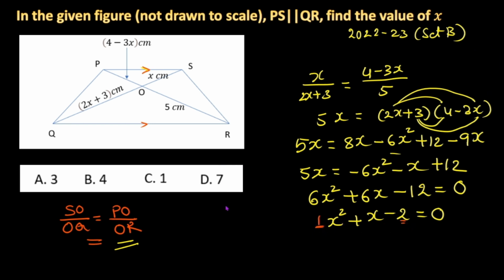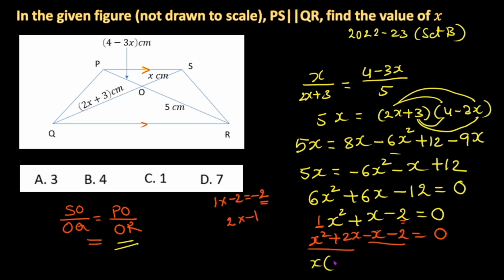Multiplying 1 into minus 2 gives minus 2, and the factors 2 and minus 1 add to plus 1. So we split the middle term: X square plus 2X minus X minus 2 equals 0. Taking X common from the first two terms, we get X plus 2; taking minus 1 common from the last two, we get X plus 2.